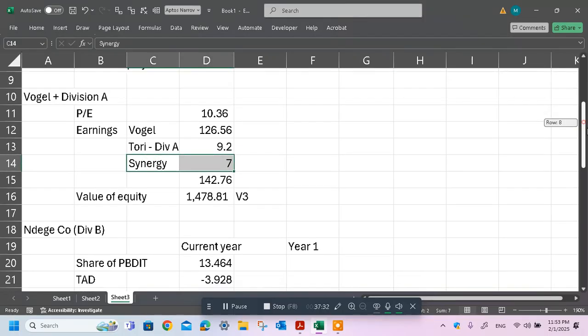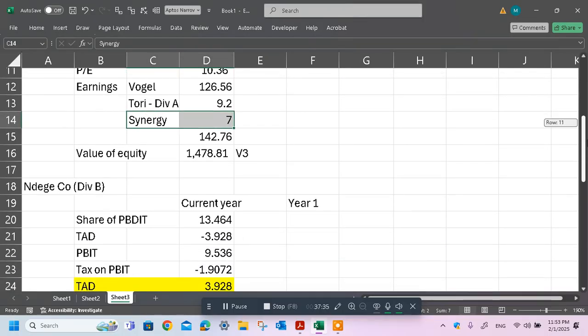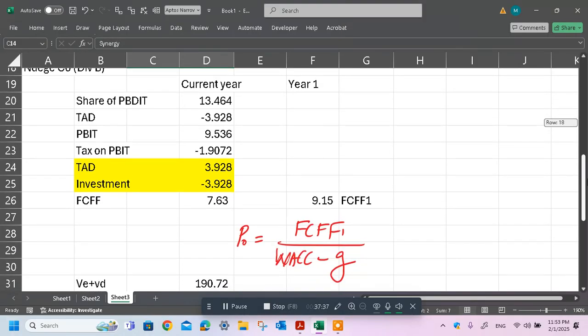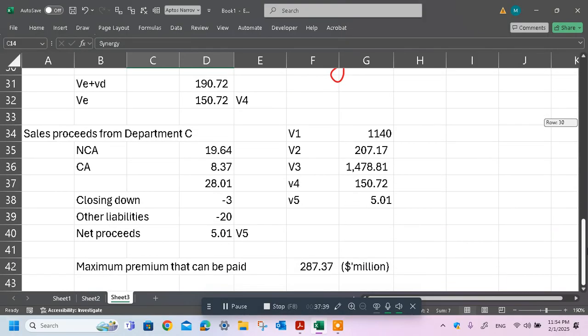When they calculated cost of capital, they factored in all the relevant information. So those are the general assumptions you have to write, nothing much here. That is how you find the maximum premium that can be paid in an acquisition.